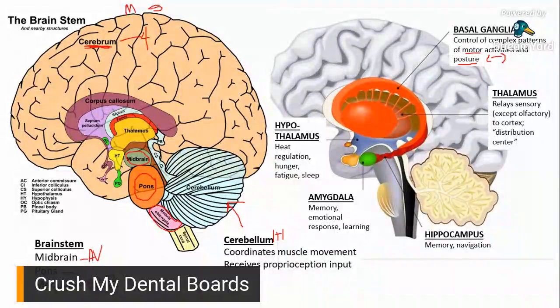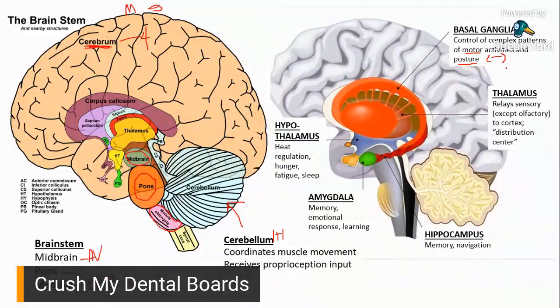So, what does that mean? The cerebellum and your basal ganglia are the ones responsible for movement. Sila yung nagko-coordinate, like when we move. So one is excitatory, which is your cerebellum, and then the other one is inhibitory, which is your basal ganglia.